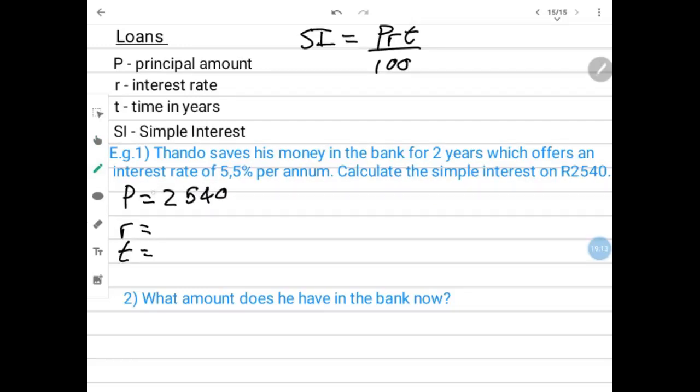R is the interest rate, so it's 5.5%, and T, the time, is 2 years.